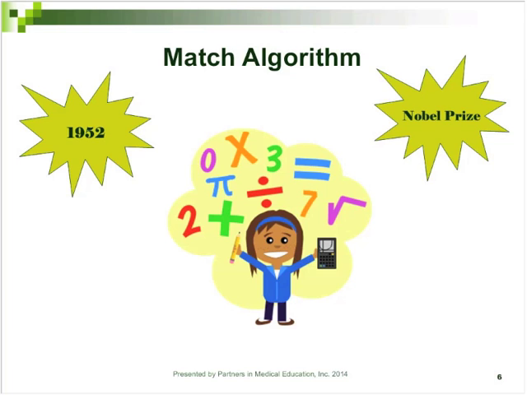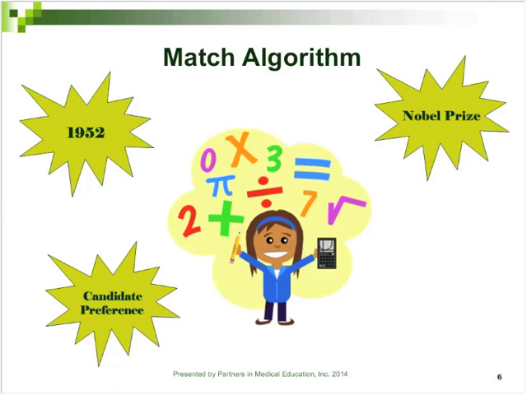In the mid-90s, the algorithm was tweaked a bit to ensure candidate preference over hospital preference, as this was due to a perceived bias in the market. And the current algorithm that is used now has been used successfully since 1997 and has been adopted by many of the other matching programs.